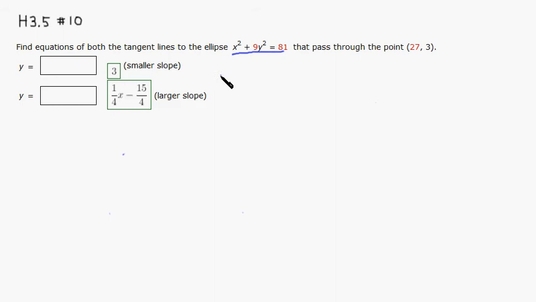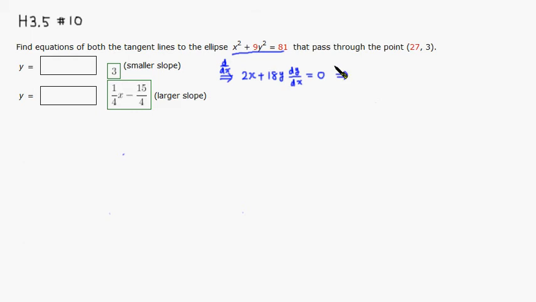By taking the derivative with respect to x, we'll have 2x plus 2 times 9, 18y dy over dx is equal to the derivative of 81, which is 0, since 81 is a constant. Then we can solve for dy/dx.